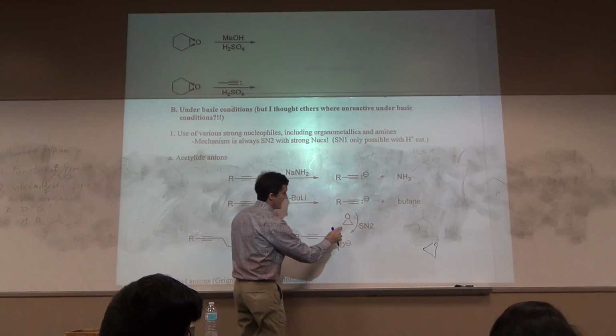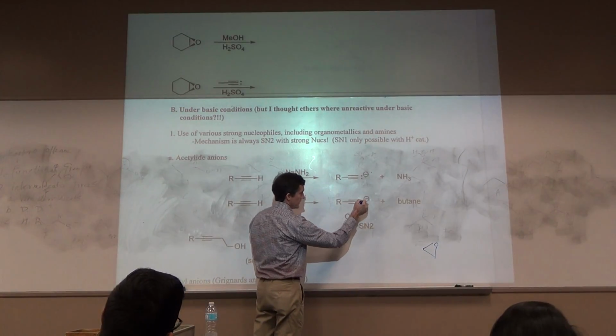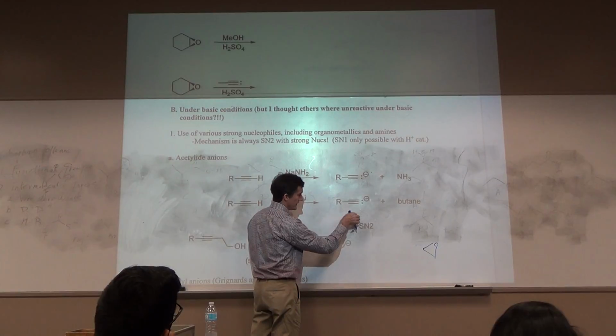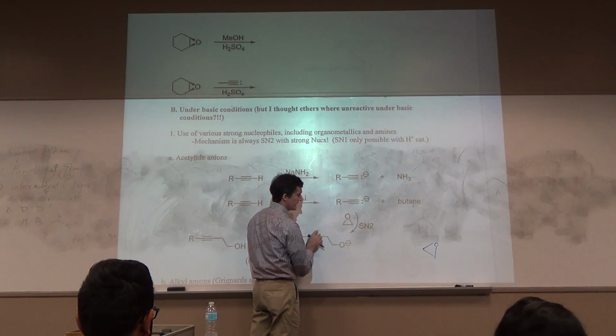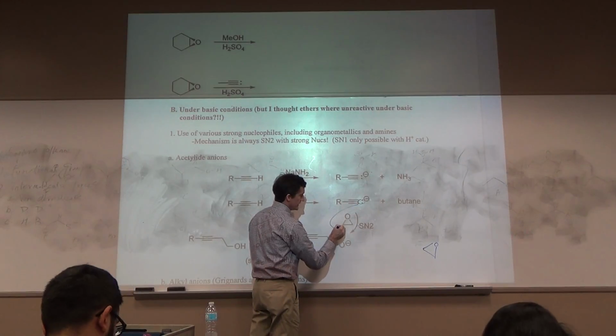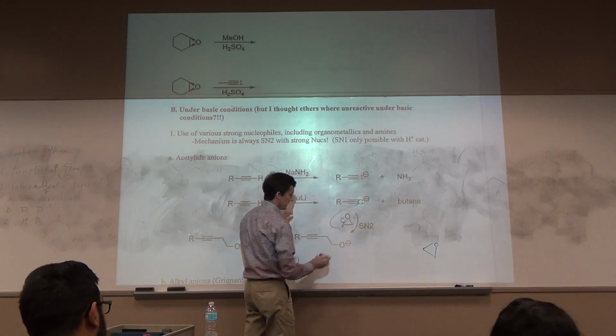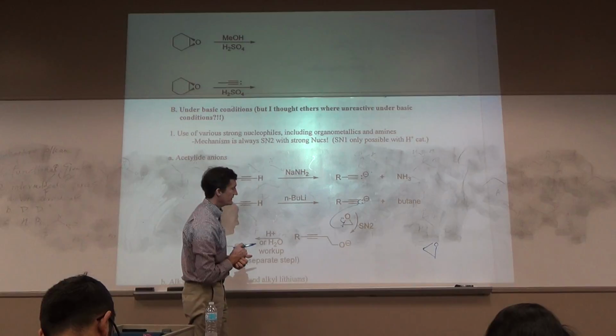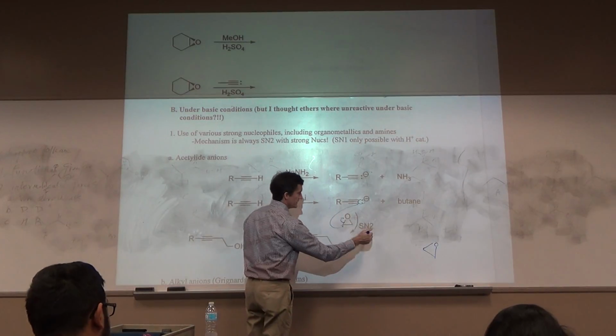Ethylene oxide. Okay, these electrons will attack one of the carbons, kick the oxygen off. It does not need to be protonated. Either carbon's the same, these electrons attack here, kick the oxygen off. What do we get? We get this right here, and this is an SN2.